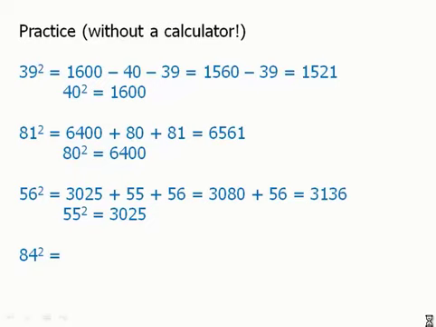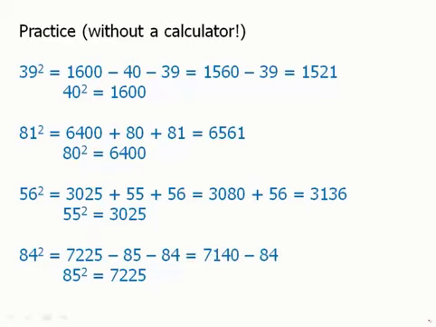84 squared. Well, first we need to find 85 squared. 85 is between 80 and 90. Drop the zeros, so that's 8 and 9. 8 times 9 is 72. Put that in front of 25, 72, 25. That's 85 squared. From there, we're going to subtract 85, then subtract 84. Okay, bit tricky. I'll start by subtracting the 5s, then subtract the 8. 22 minus 8 is 14.